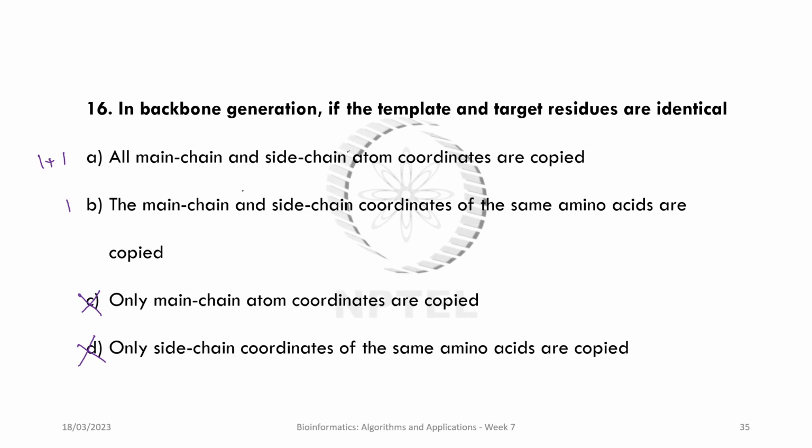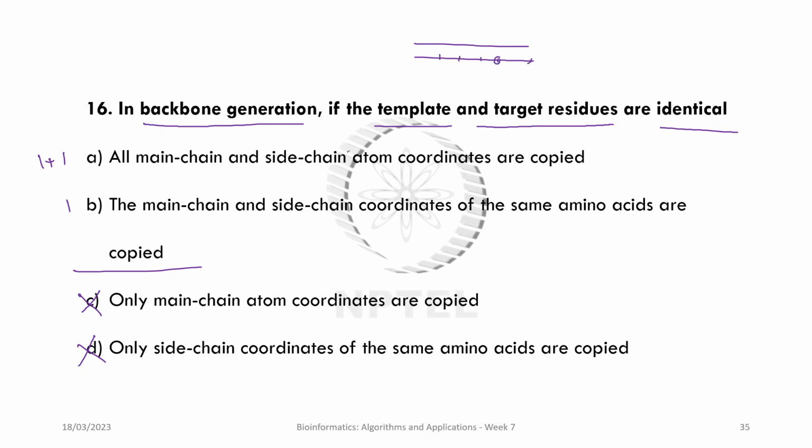So like Vijayanta and Ashira, I was conflicted between A or B, right? But look at the question. In backbone generation, if the template and target residues are identical, we are not talking about the entire stretch of sequences being identical.